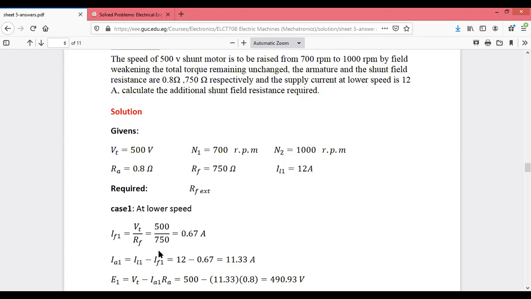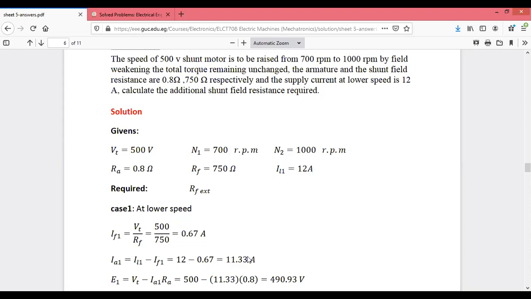If1, if you are writing to the right side, here what was plus will become negative. IL1 they have given 12, so you can take as it is. And when we are taking that field resistance, we will get the value of that field current is nothing but 0.67 ampere. So if you are writing this value, you will get the armature current, that will be 11.33 ampere.